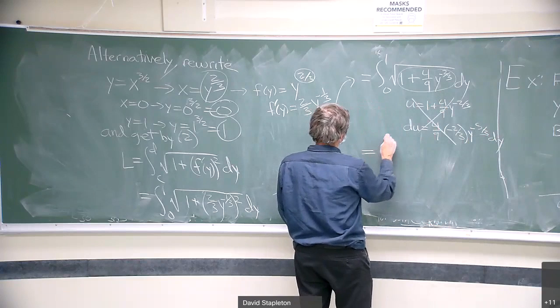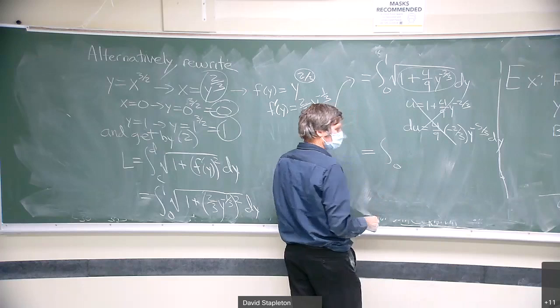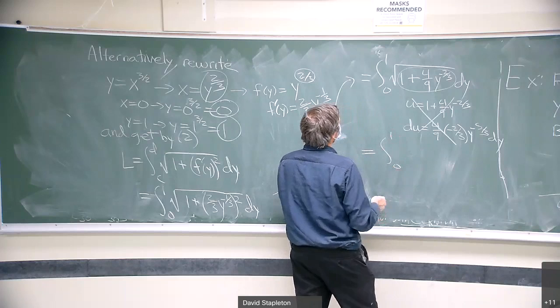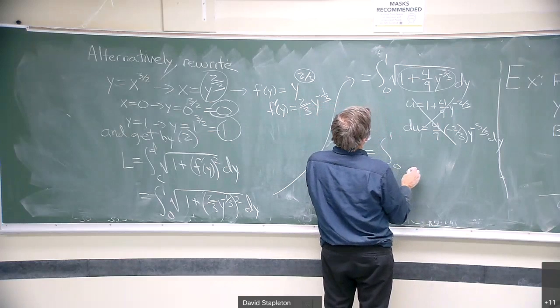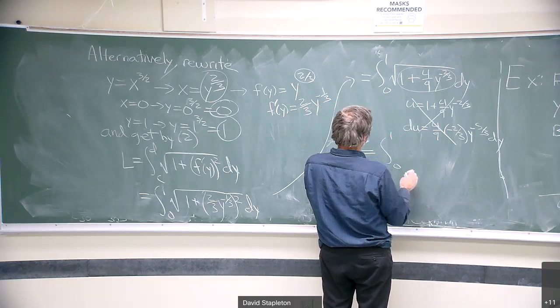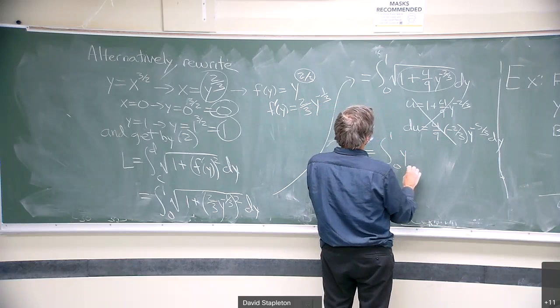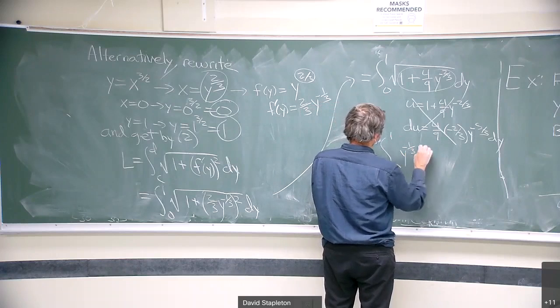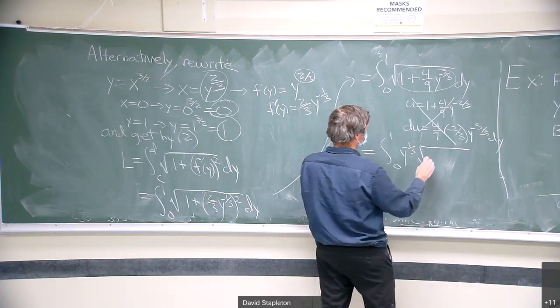Instead, this is a little magic trick here, sleight of hand. You multiply on the outside by y to the minus 1/3, and on the inside cancel it by y to the 2/3.